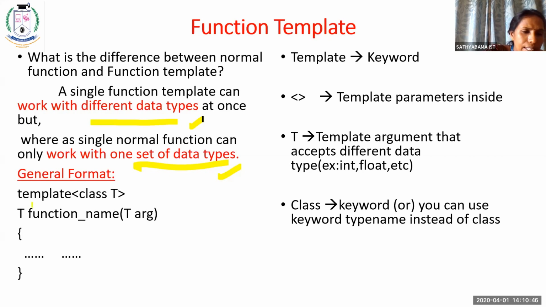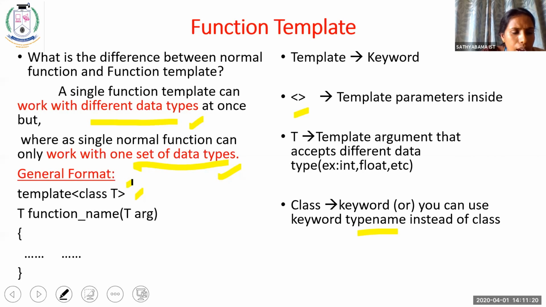Template is a keyword here, and inside these two symbols we have the template parameter. For the template parameter, you can specify either class or typename. Both keywords can be specified inside the symbol, followed by a space and the template constant T.